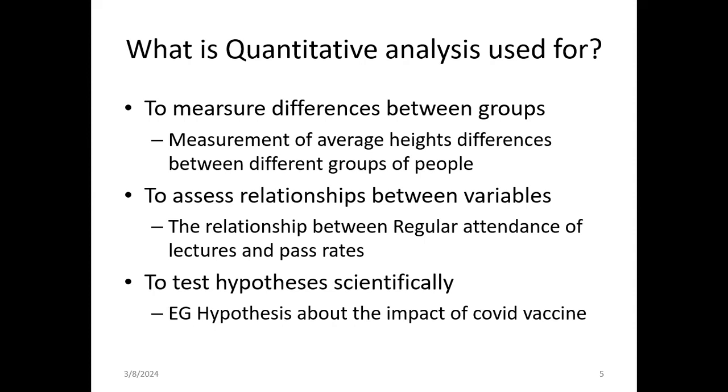Regular attendance is a variable, and you want to look at the relationship it has with the other variable, which is the pass rates of students. You want to know whether when students go to class regularly, it correlates or has some impact on their pass rates. Number three, it also enables us to test hypotheses scientifically.